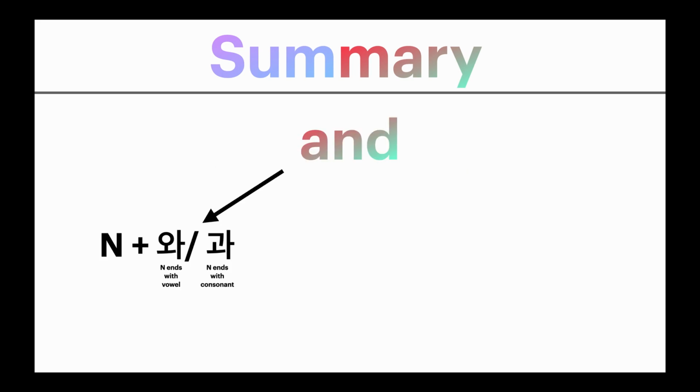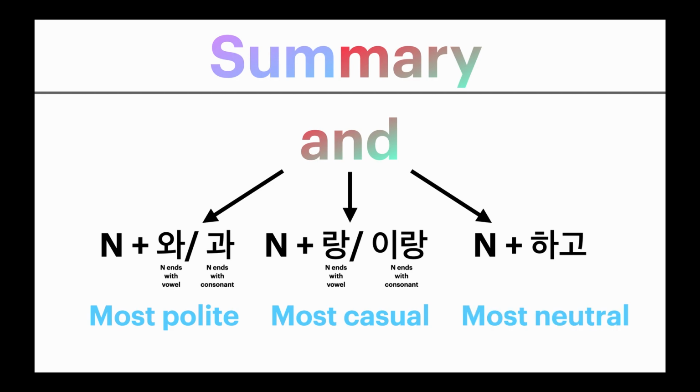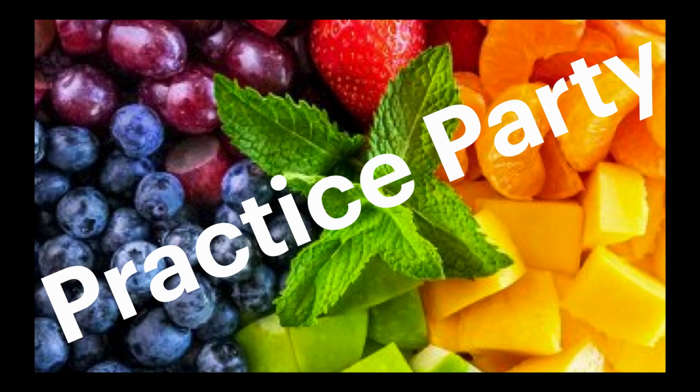We have noun plus 와 and 과, noun plus 랑 and 이랑, or noun plus 하고. 와 and 과 being the most polite, 랑 and 이랑 being the most casual, and 하고 being the most neutral or normal. But when it comes officially to writing or official texts or presentations, your best bet is to use 와 and 과. But that's not what we're practicing today. We are a channel for speaking practice. So today we will continue our practice with 하고 in our practice party.